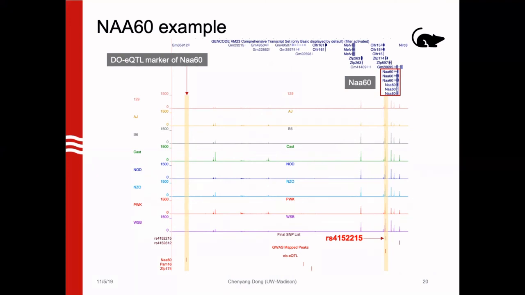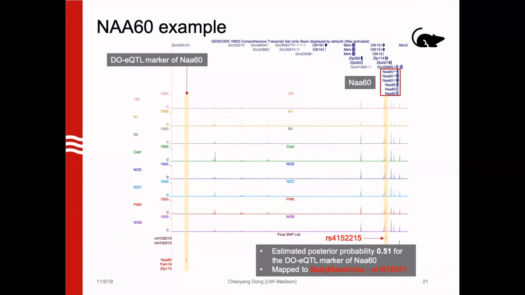And the INFIMA model predicts that this mouse SNP is causal for this DO eQTL. And this SNP is not necessarily the closest SNP to this gene. So you can see a SNP here. And for the mapping, the mouse SNP maps to one GWAS SNP for the body mass index trait.